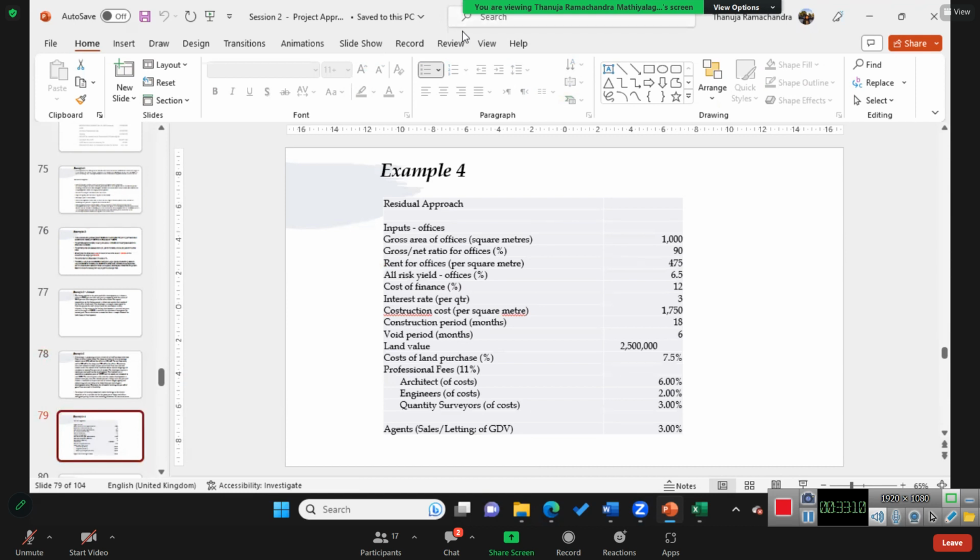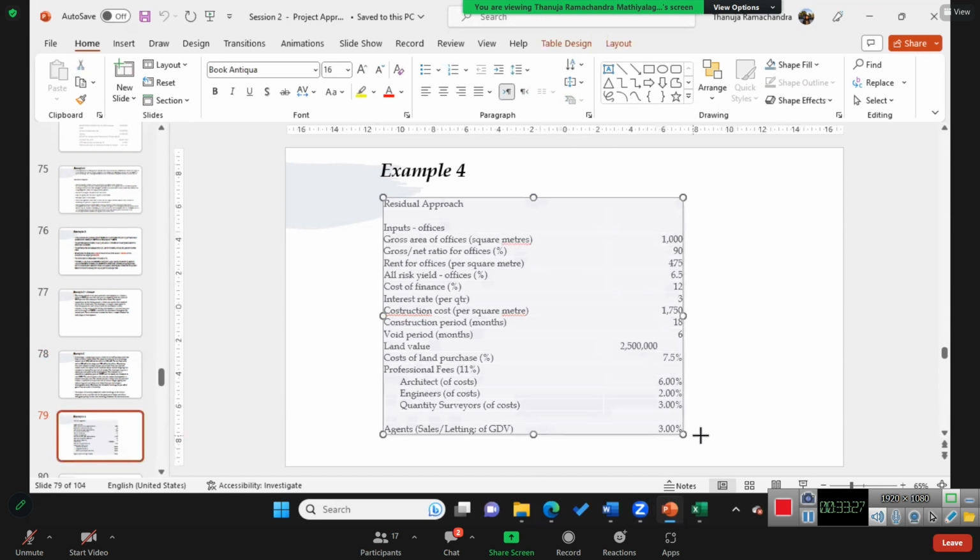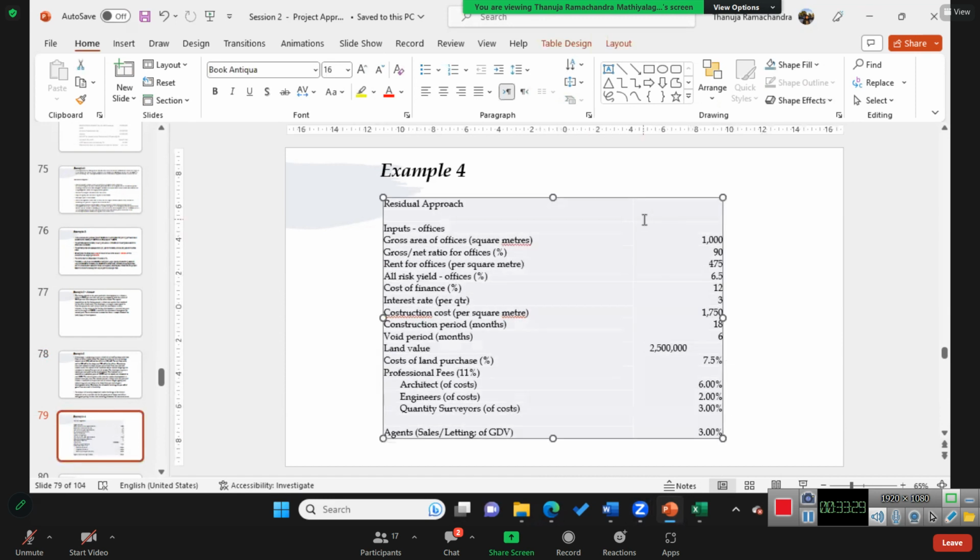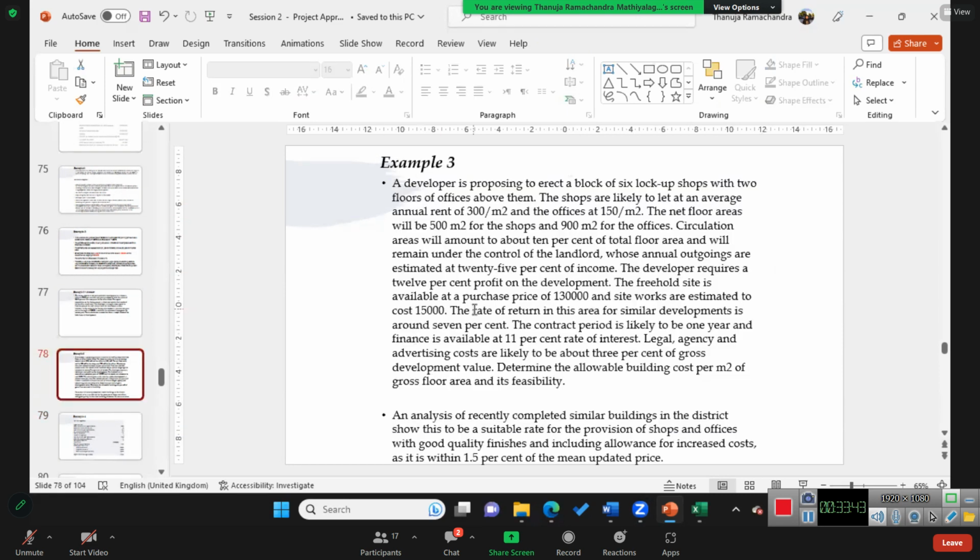Madam, where is it stated in the contract that the profit is 12% in the problem? In the previous problem, where it was stated that the contractor profit is 12%, is it 11% given or 12%?